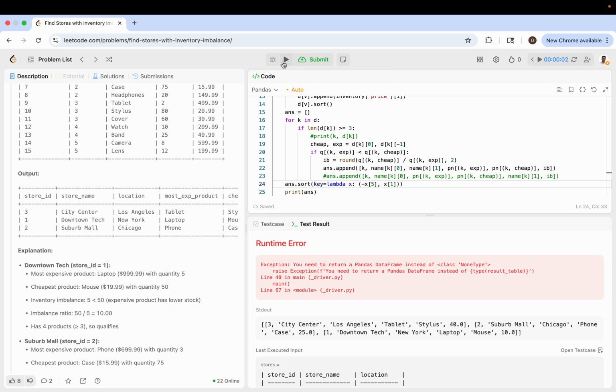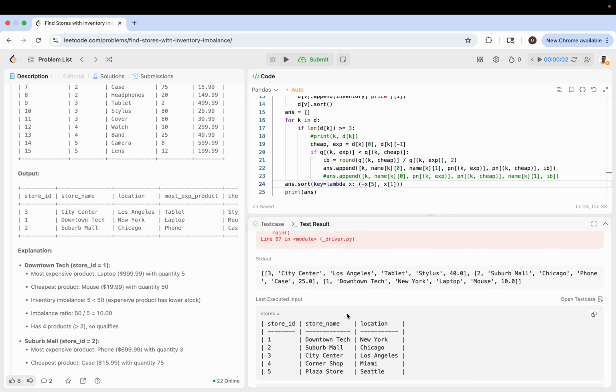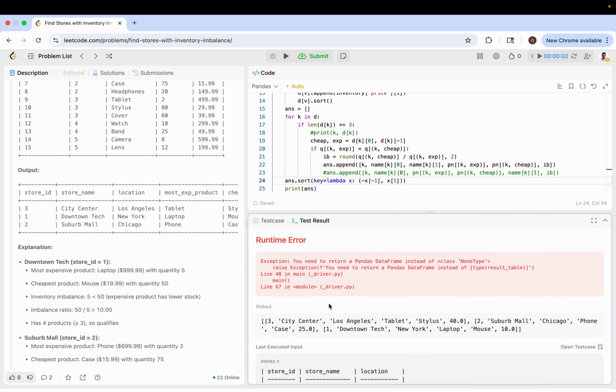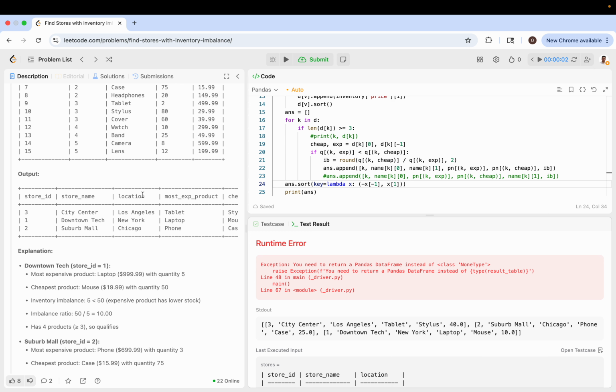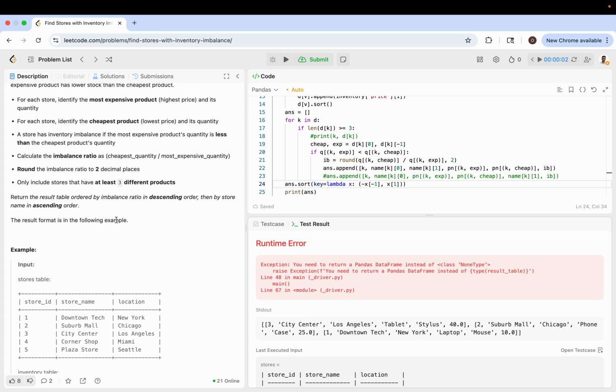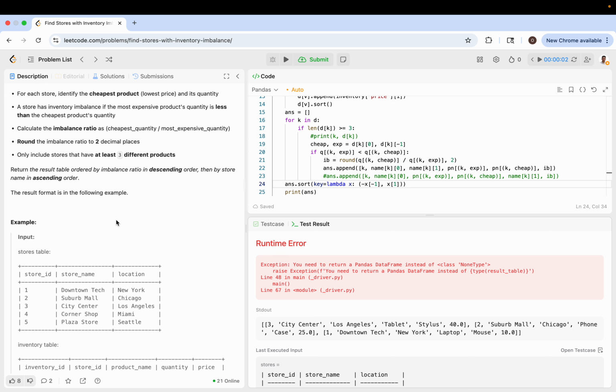Perhaps like this. 3. Why is it 2, 1 instead of 1, 2? Sort it by imbalance ratio descending, and then by the store name in ascending order. Yep, that's correct.